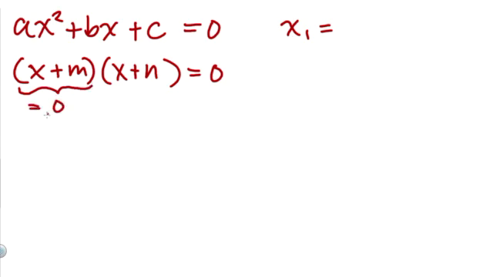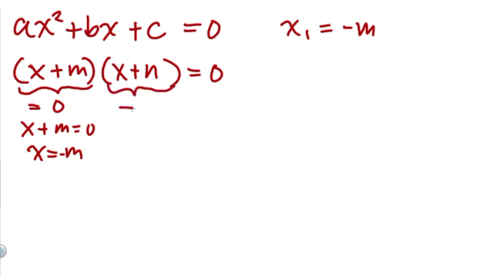So if this is equal to 0, we can say that x plus m is equal to 0 and x is equal to negative m. And so one solution of this quadratic equation is x sub 1 equals negative m. And another condition is when we take the other factor equal to 0, we can say that x plus n is equal to 0 and x is equal to negative n.